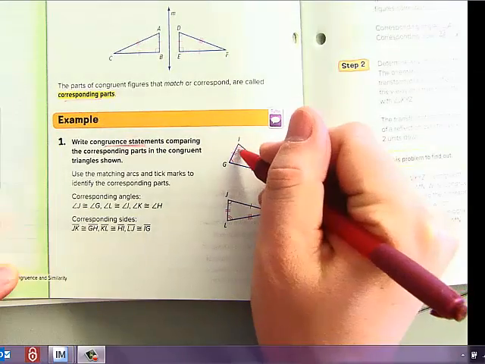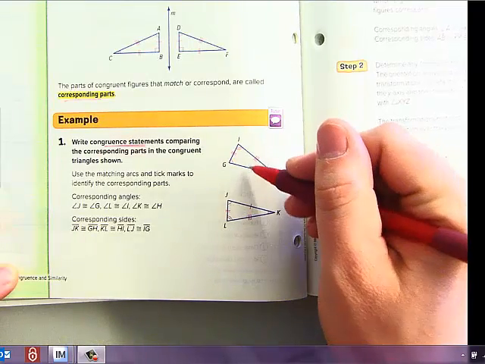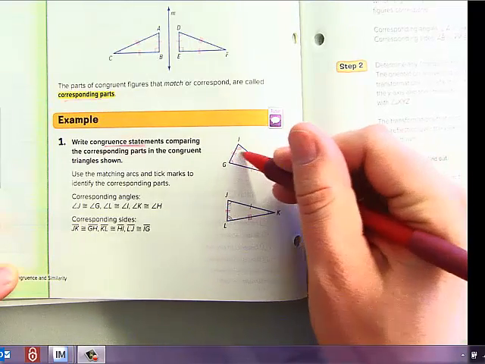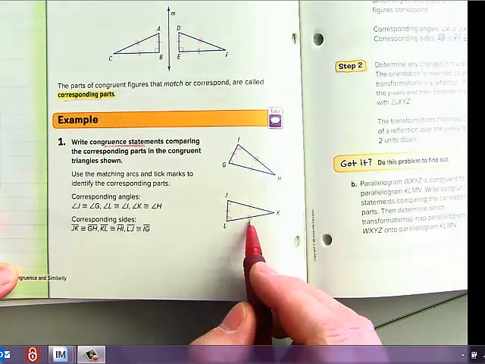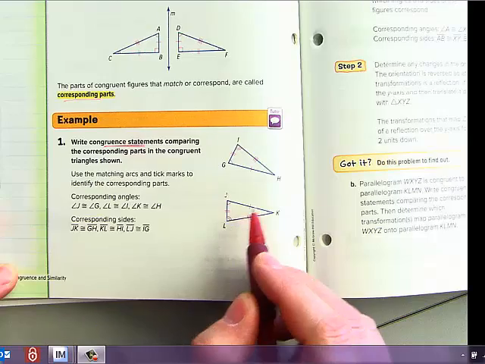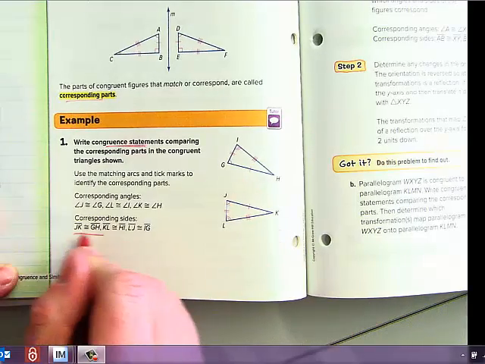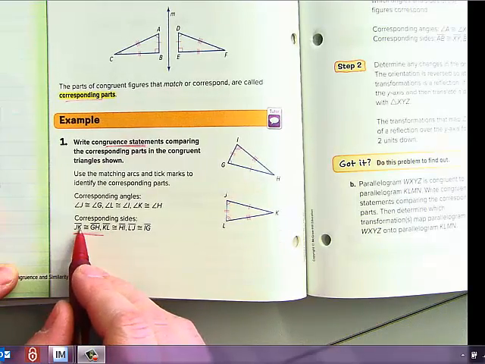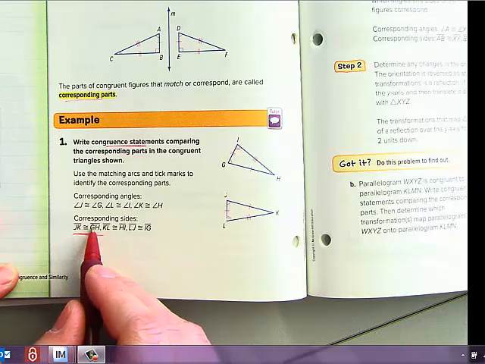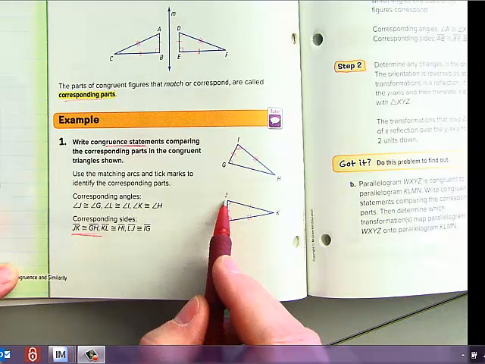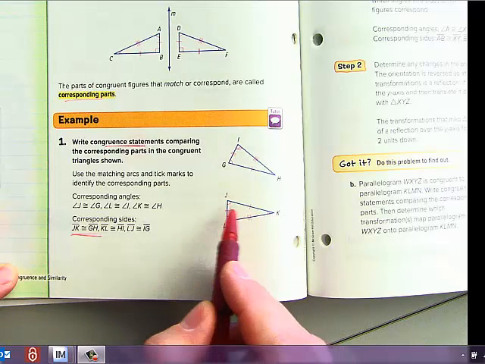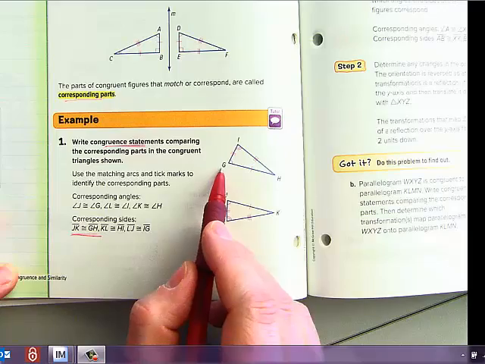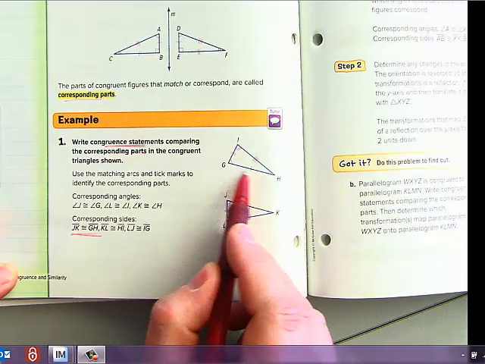Those little things here are called arcs. Now the lines, these dashes in the middle of the line segments are called ticks, okay? So that's like 3 ticks, 2 ticks, 1 tick, and those match up. So let's look at this side here. It says side JK is congruent to side GH. So I look from J to K, and that's the 1 tick line, J to K. Then G to H is also the 1 tick line, so those are congruent.